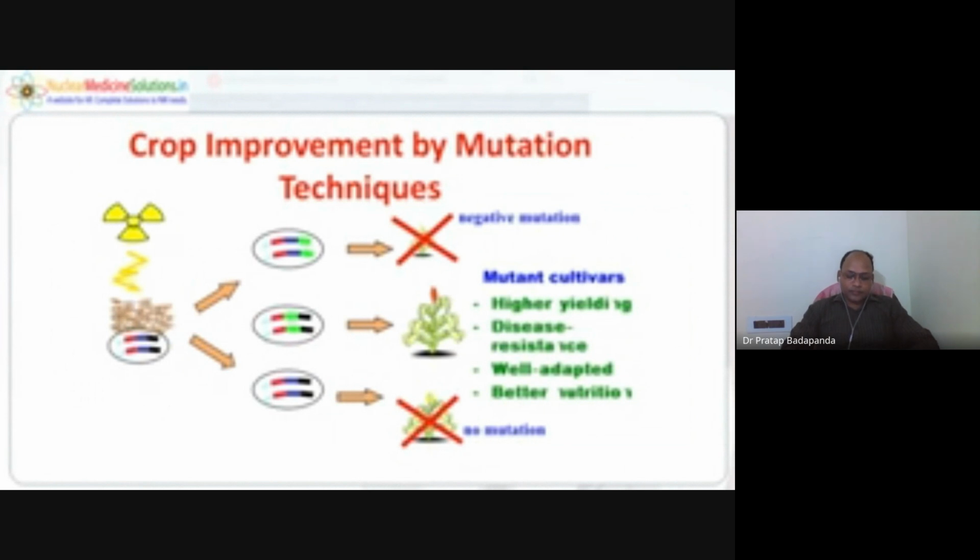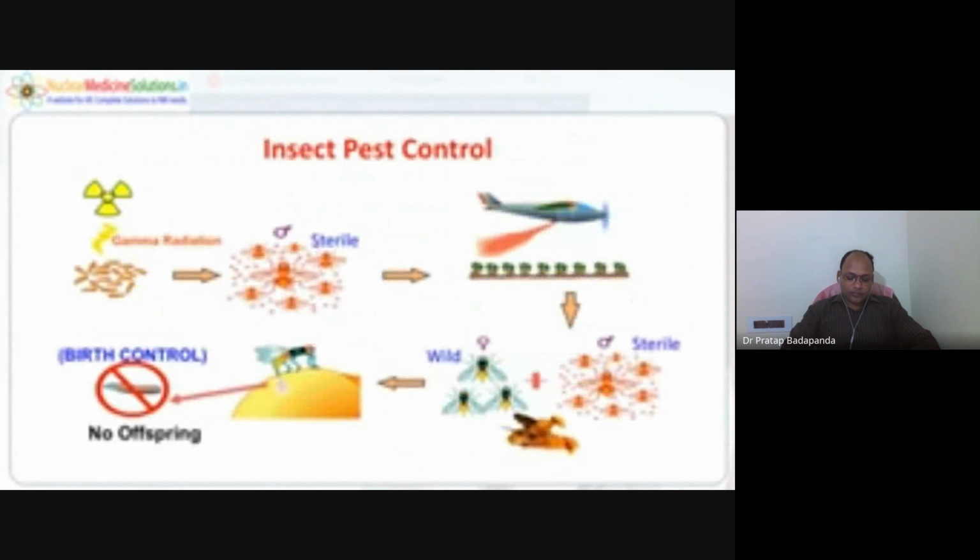As you can see, when the radiation comes on the seeds, there are mutant cultivars, and it shows how it takes place, and how it changes when there are no negative mutations and when there is no mutation. Insect pest control: you can see this radiation is very useful in agriculture where insects are there. How to really control these particular insects.